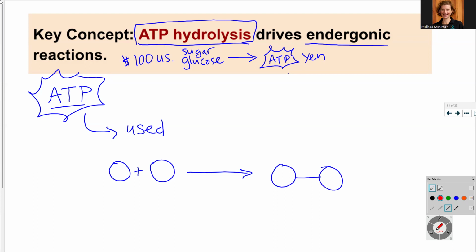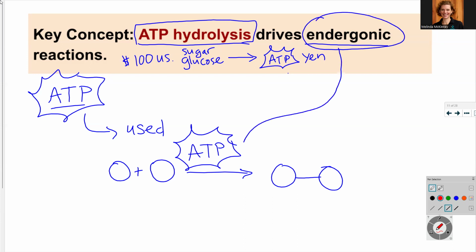It's going to require ATP. This is a reaction where we're getting more ordered. It's not going to occur just spontaneously, and it's going to require energy. And that is the definition of an endergonic reaction, right? So this is also an anabolic reaction.